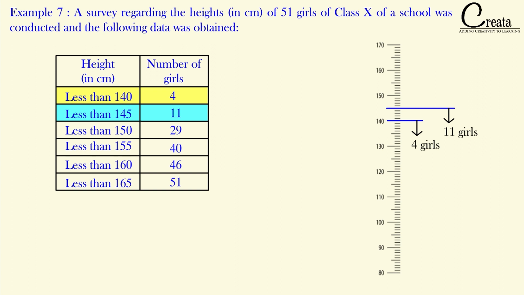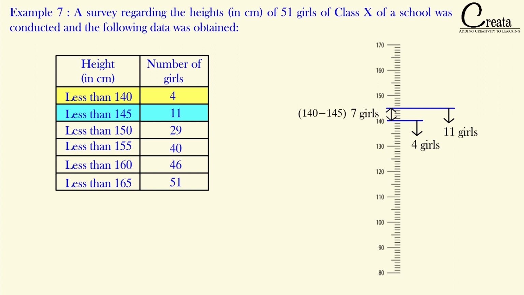So can we say we have 7 girls, like 11 minus 4, whose height is in the range of 140 to 145? Yes, so we have 7 girls whose height will be in this range 140 to 145.